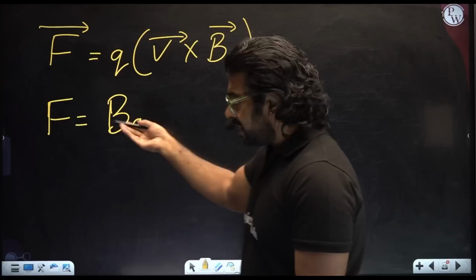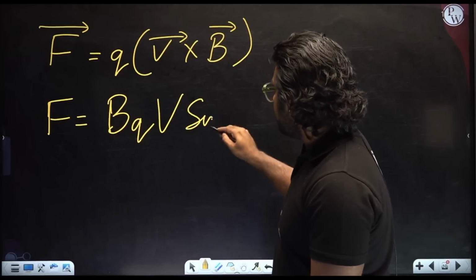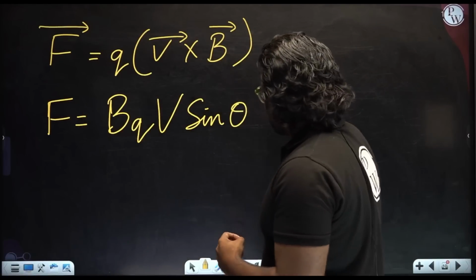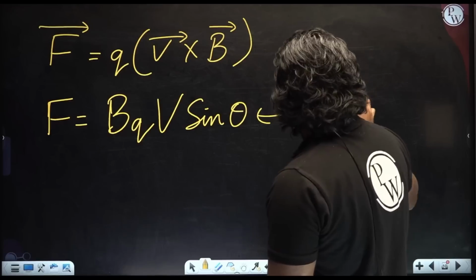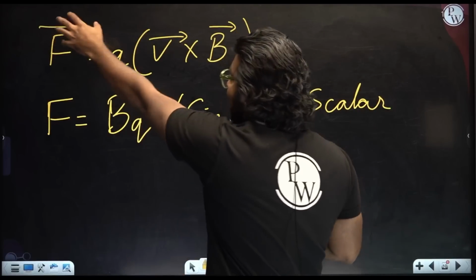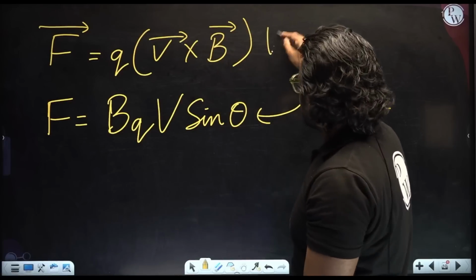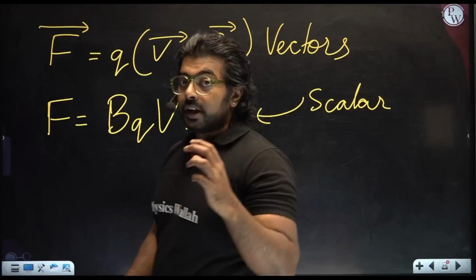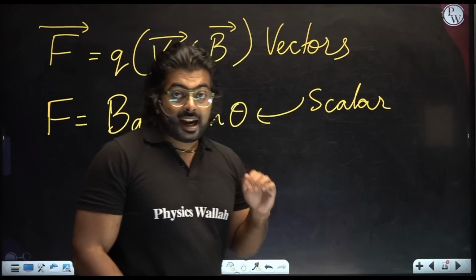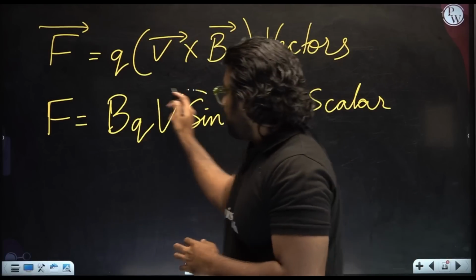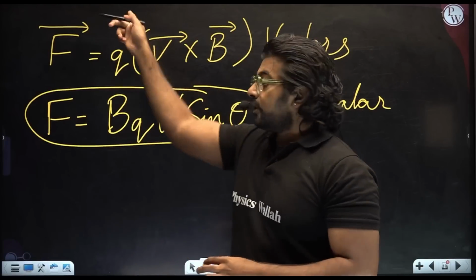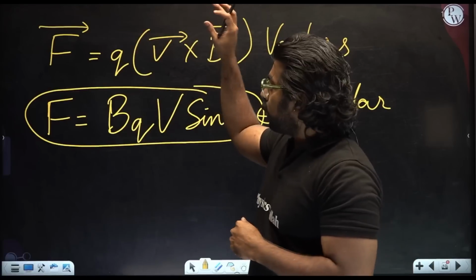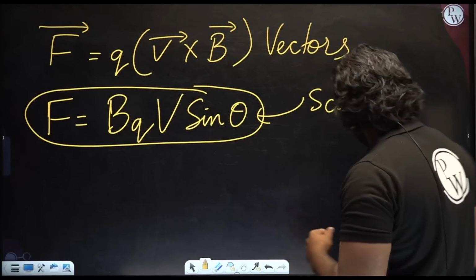I have memorized it in this order: BQV sine theta. This is a simpler formula because it only deals with scalar quantities, but the first one has 3 vector quantities here. Generally vectors are comparatively more difficult as compared to scalars, and that is the reason this is a better formula as compared to the first one. So go for the simplest formula that you know rather than going for complex formulas like this.